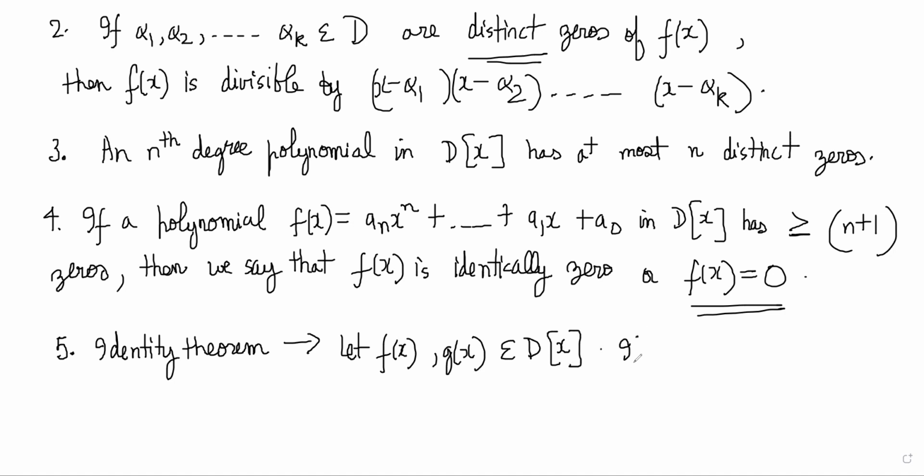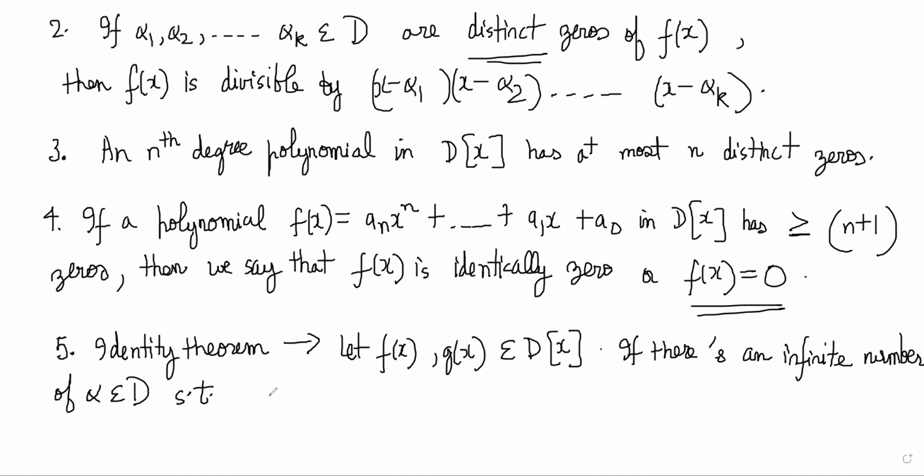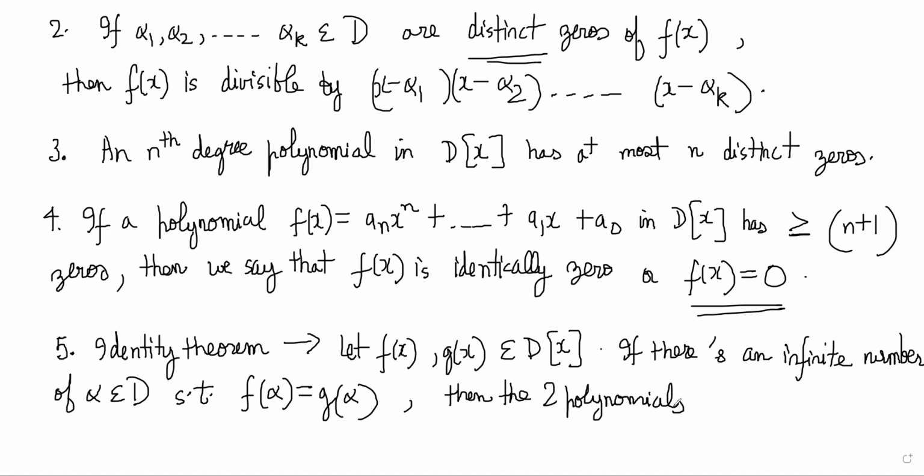If there is an infinite number of alpha belonging to D such that f of alpha is equal to g of alpha, then the two polynomials f of x and g of x are identical, or we can say f of x is equal to g of x.